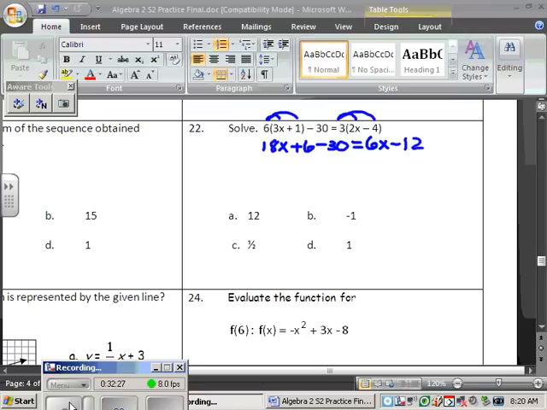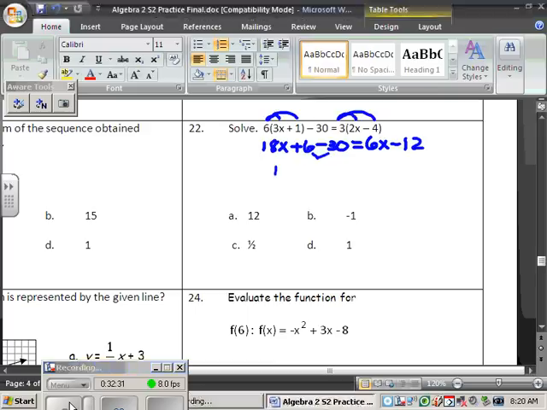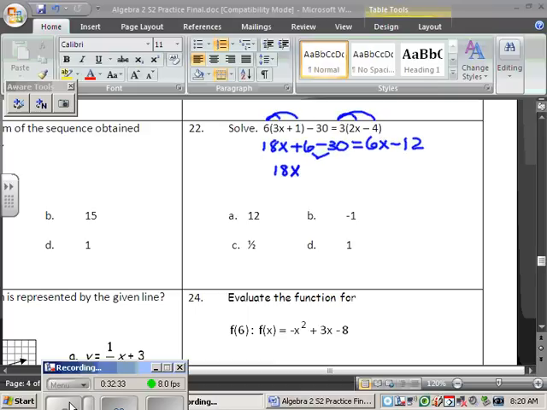And now you would combine like terms. Start with ones that are on the same side of the equal sign. So 6 minus 30 is negative 24. Now, remember to get your like terms together if they're on opposite sides of the equal sign. When you move one over, change its sign. So move your letters left. So that gives you 18 minus 6 is 12x.